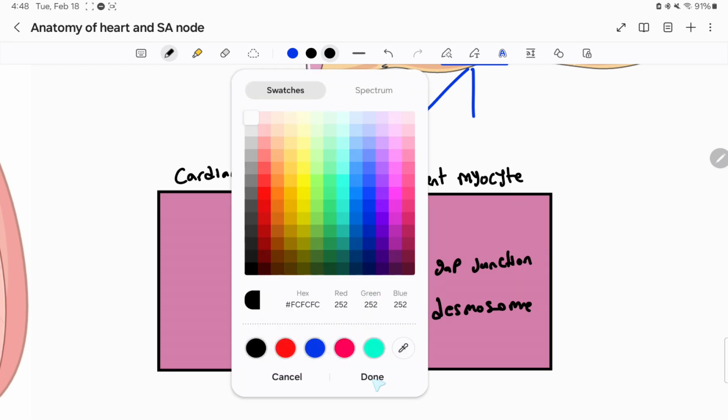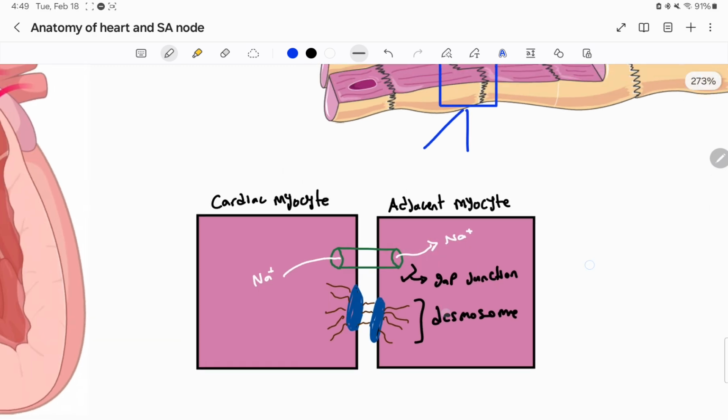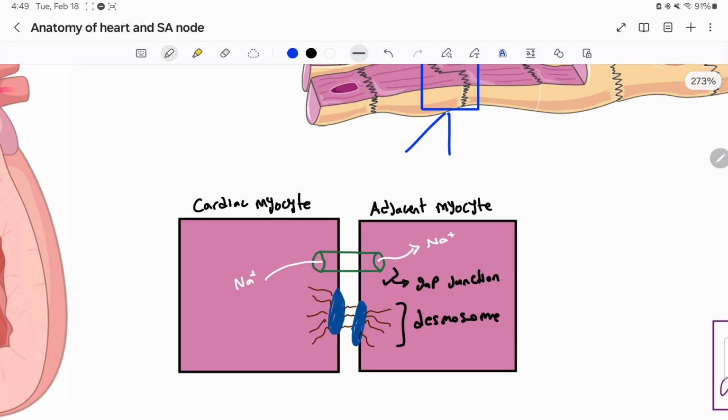What do I mean by this? Let's take a look. Let's say we have a sodium ion inside of this cardiac myocyte. Because of the presence of this gap junction, this sodium ion can now find its way towards this adjacent cardiac myocyte.